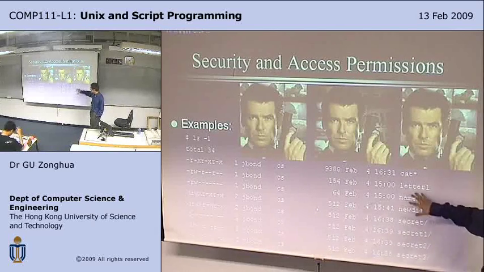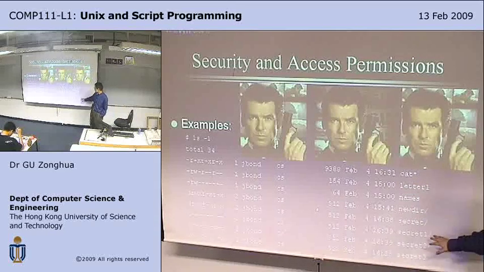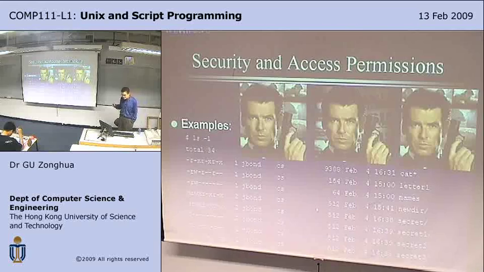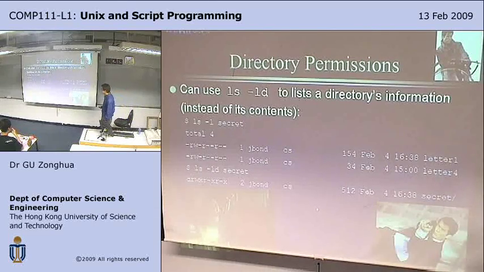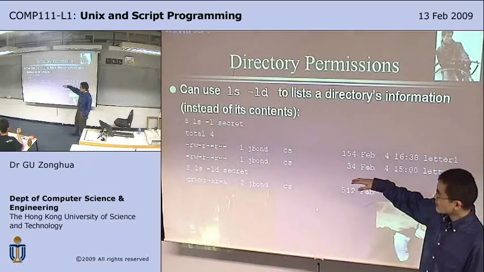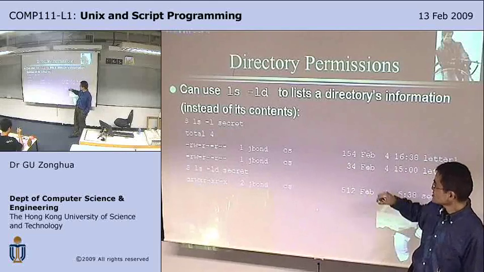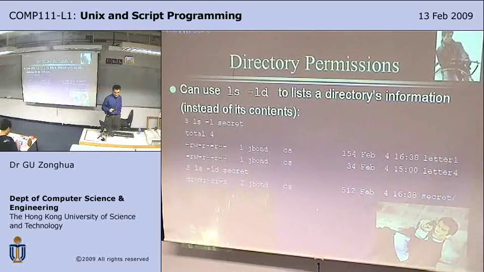So we'll discuss what execute means for directories. It's obvious what execute means for a file, just run it. But for a directory, it has a different meaning. If you do ls -l followed by a directory name, what you list is all the files within the directory, its contents.